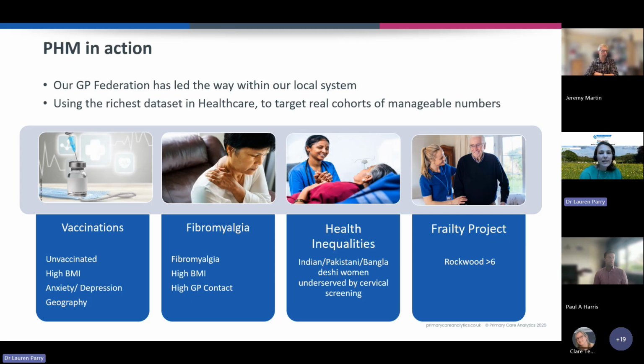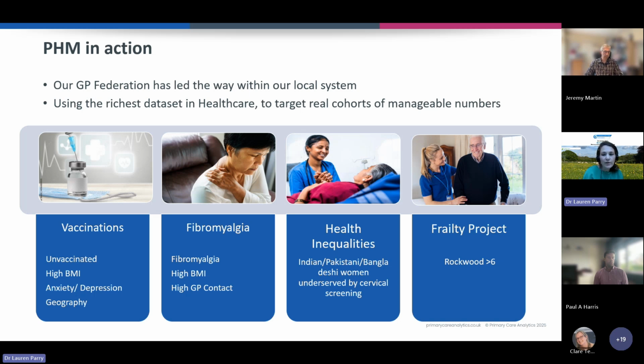One of our PCNs really wanted to understand its high intensity users, and using data and looking across the population, it understood that actually fibromyalgia was an underserved population within their PCN. They were high intensity users, but actually had low satisfaction rates.